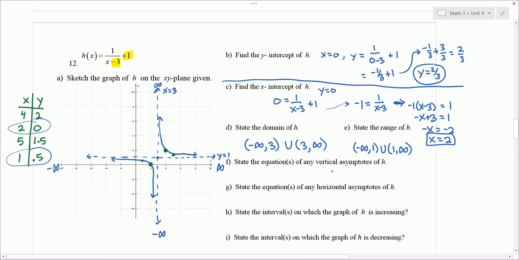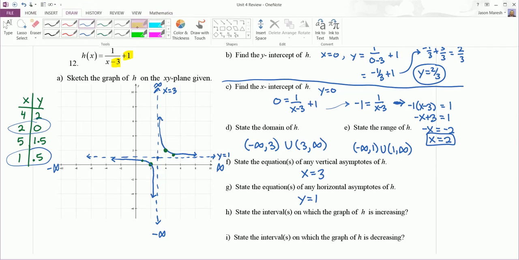State the equations of the vertical asymptotes. We have one right here. We said it's x equals 3. Horizontal asymptote, we already wrote there, y is 1. State the intervals on which the graph is increasing for part H and decreasing for part I. When we talked about graphs increasing or decreasing, you have to trace them from left to right.